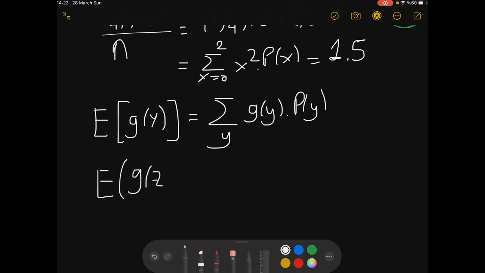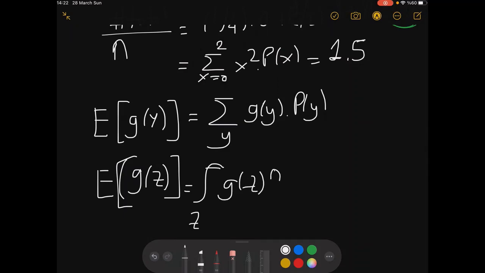This is the function generated from our continuous variable.